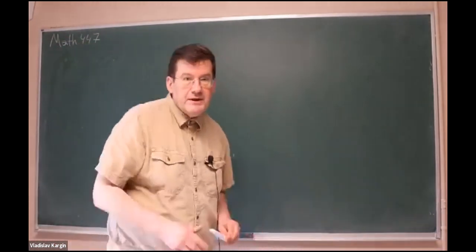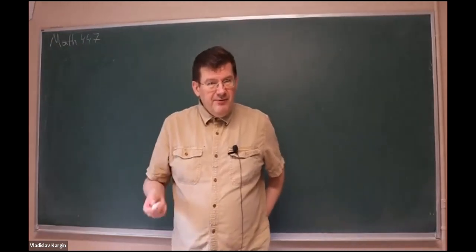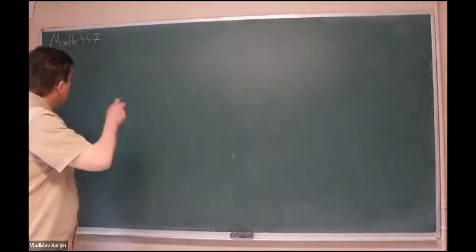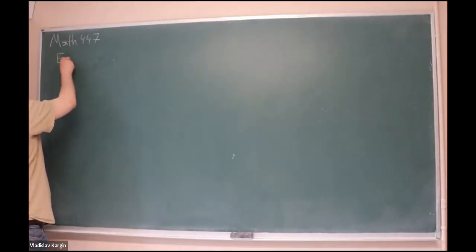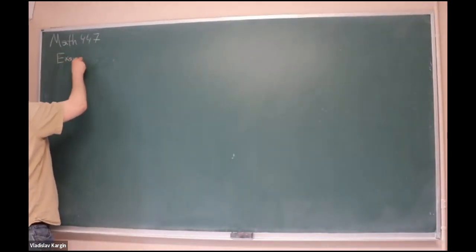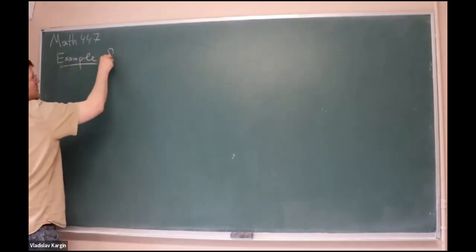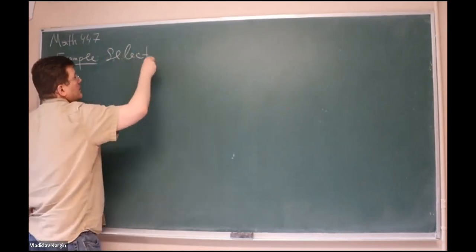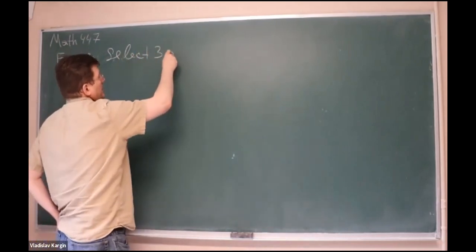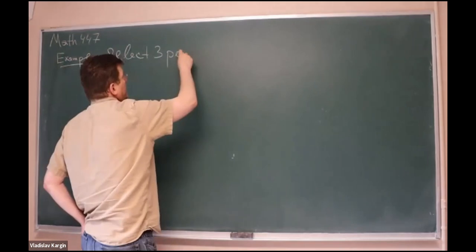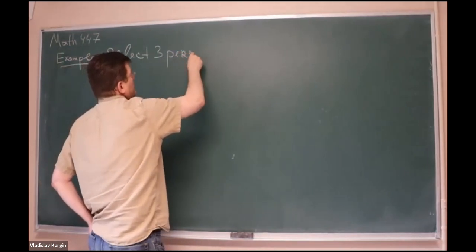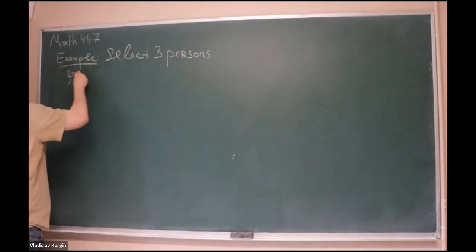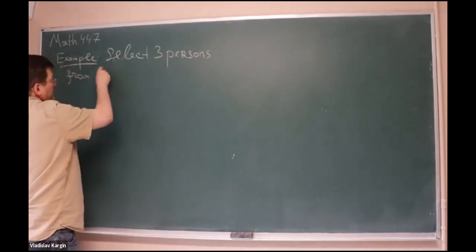All right, so last time we finished at defining with combination coefficients, right? And there was an example: select three people, three persons from 30.